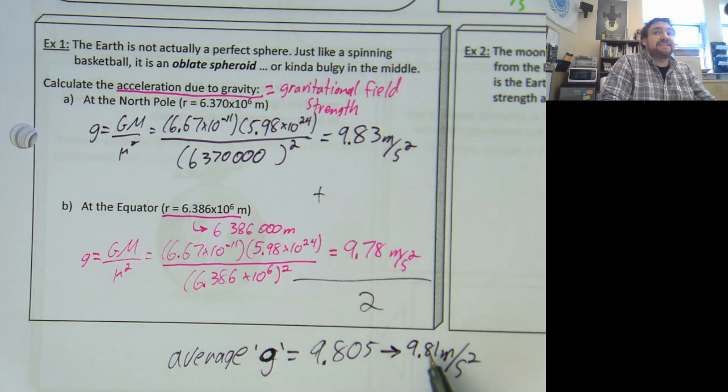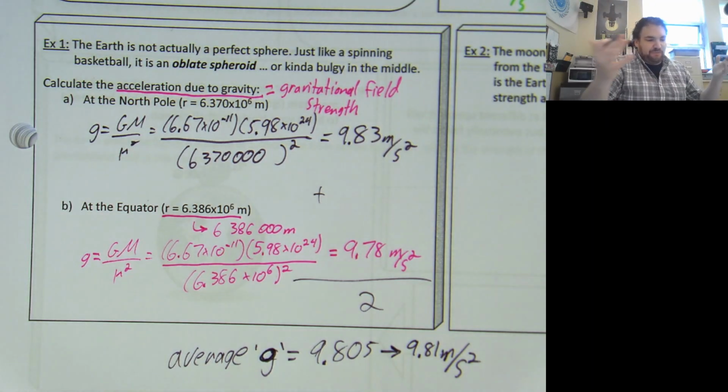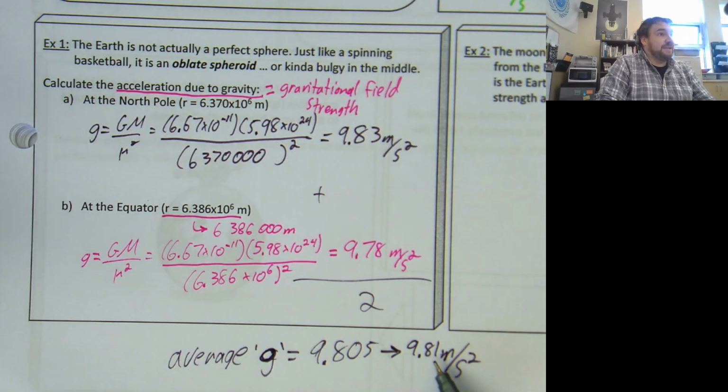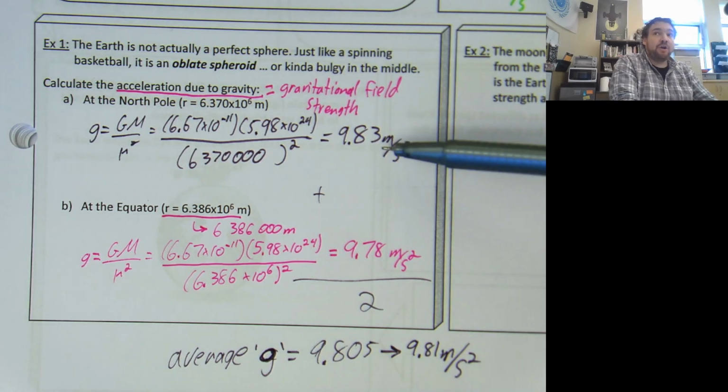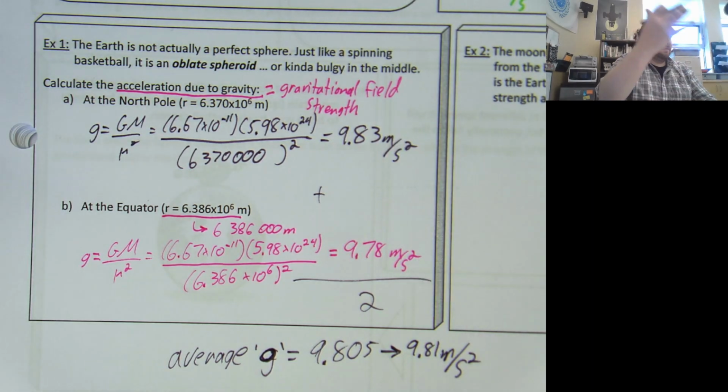This is why this is the value we give you, because it is the average acceleration due to gravity. If you took all the locations on the Earth and averaged them up, this is the value you'd get. Technically speaking, there are locations on the Earth that will have higher or lower values depending on where you are on the planet.